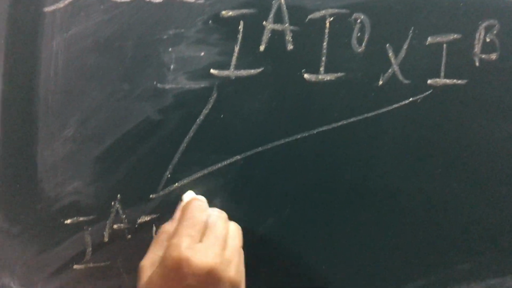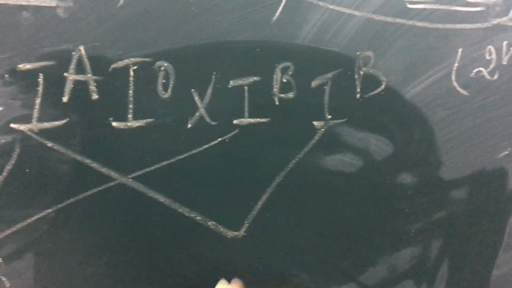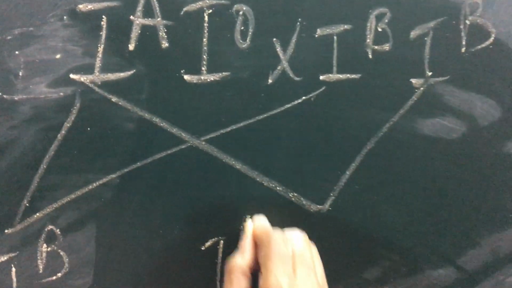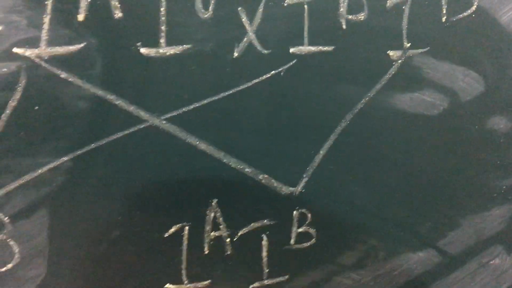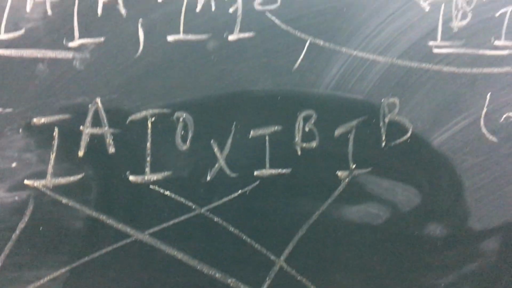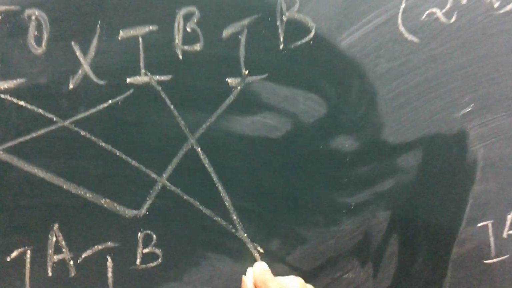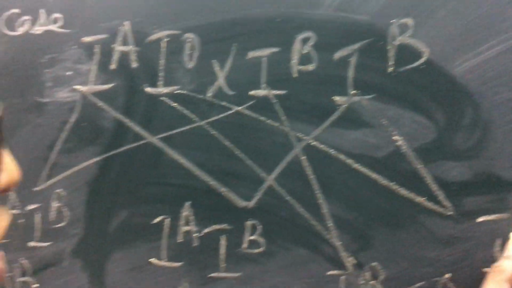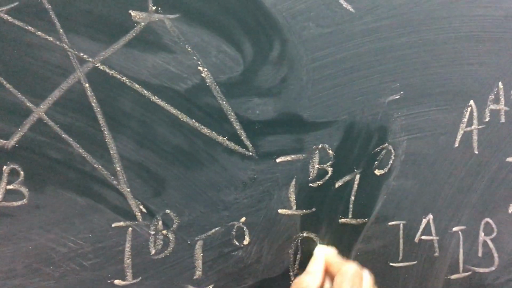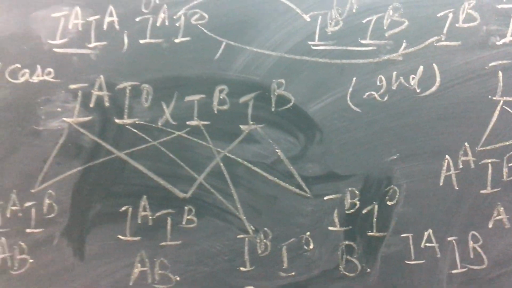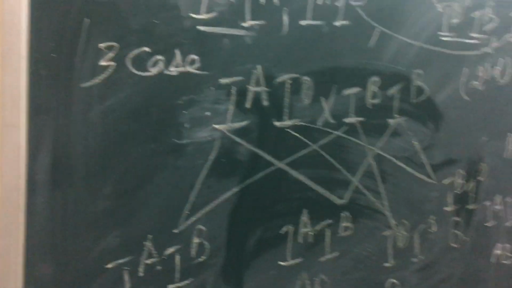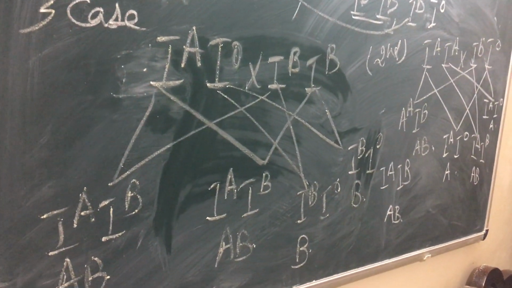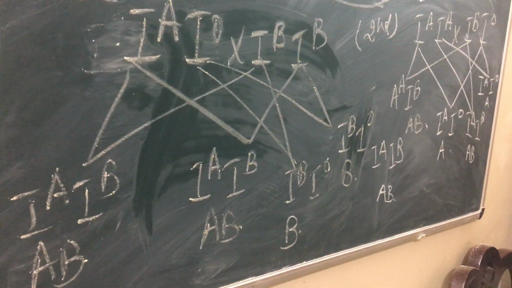IA IB, again AB blood group. IA IB, again AB blood group. IB I0, B blood group, and here IB I0, again B blood group. So like this, four options are there. The offsprings may have either of these blood groups.